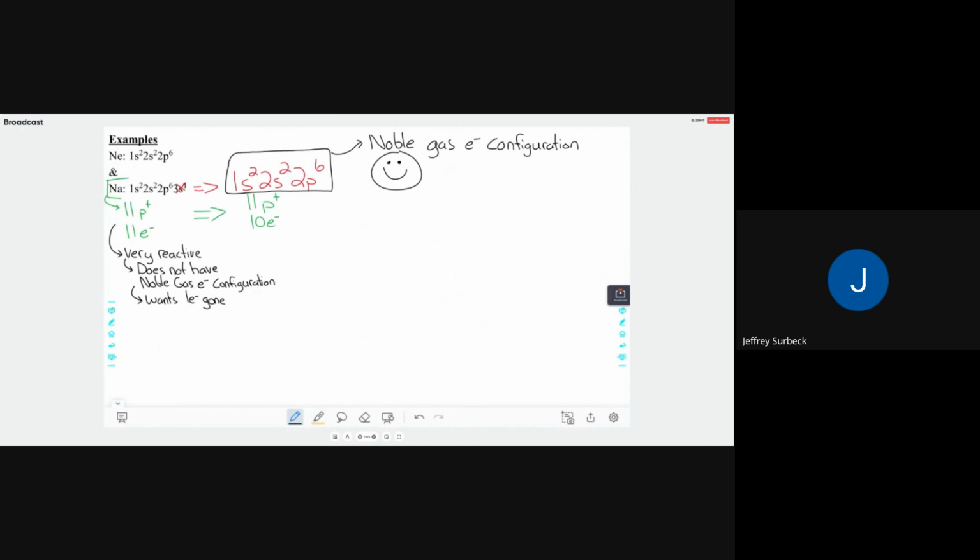The other key point: just because it has a noble gas electron configuration does not make it a noble gas.